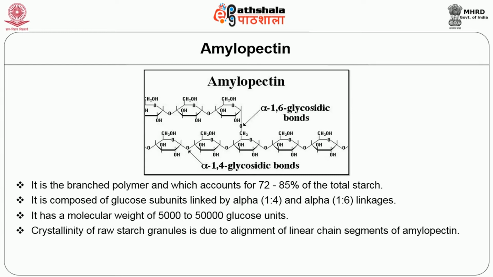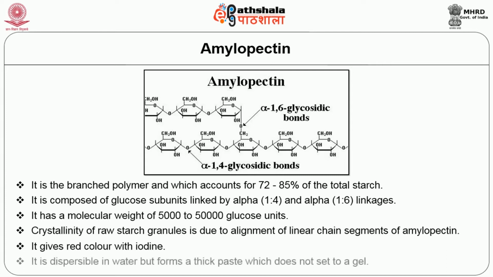Crystallinity of raw starch granules is due to the alignment of linear chain segments of amylopectin. It gives red color with iodine. It is dispersible in water but forms a thick paste which does not set to a gel.